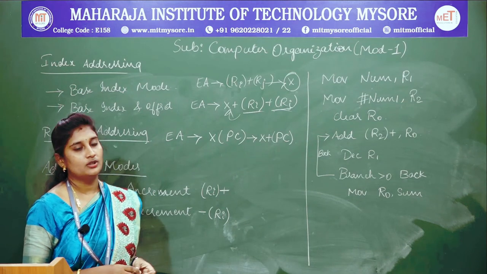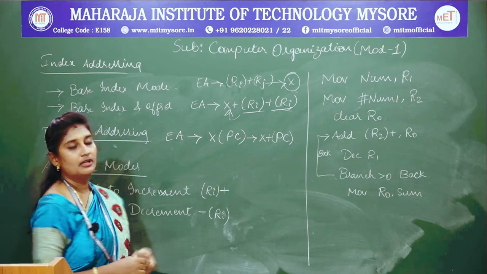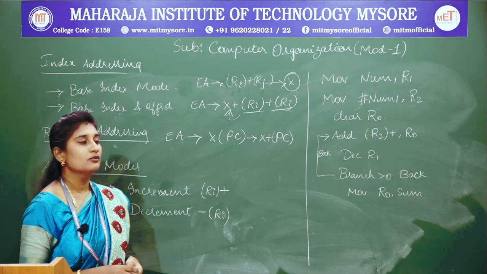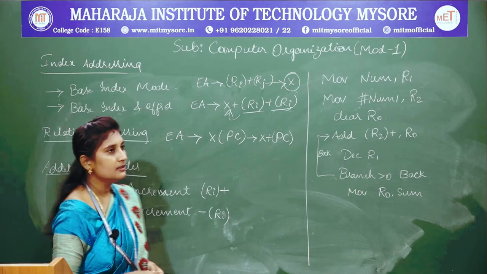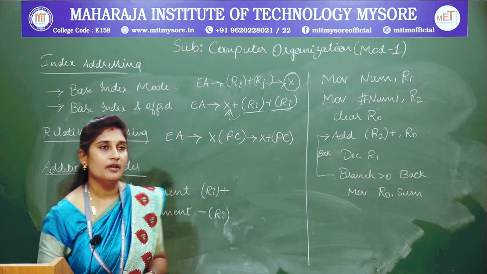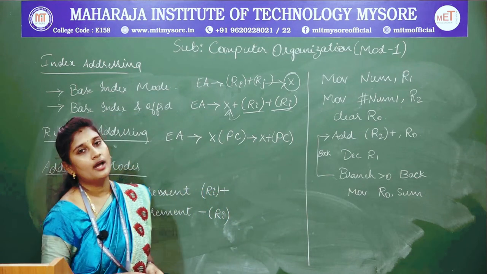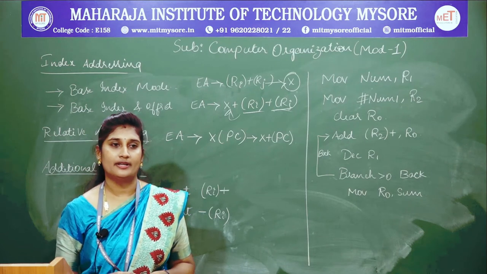Now let's move on to the next type of addressing mode, that is the relative addressing mode. So what do you mean by relative addressing mode? This is another flexible type of addressing mode where you use the program counter to hold the value of the operands.